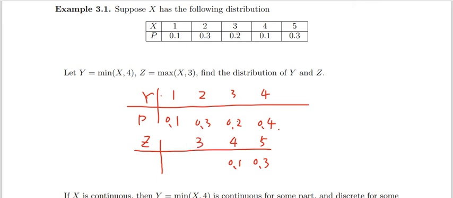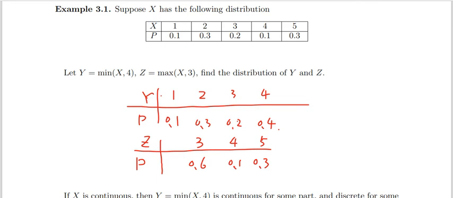So this probability is 0.6. This is the distribution for z. So such a problem is just that we know the x distribution and find the maximum or minimum. For discrete situations, it's easy.